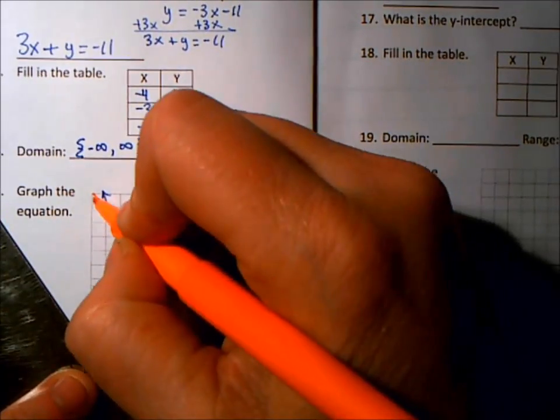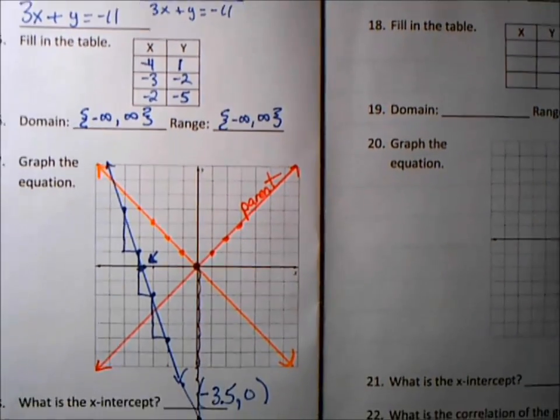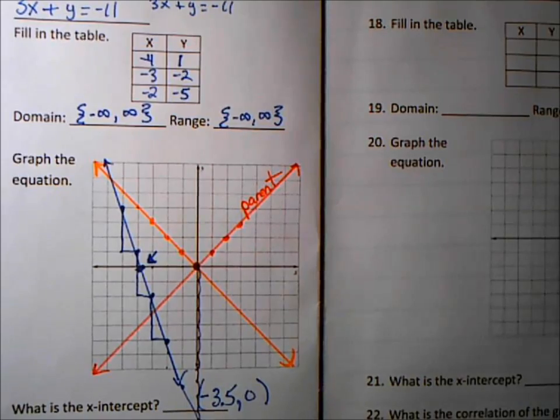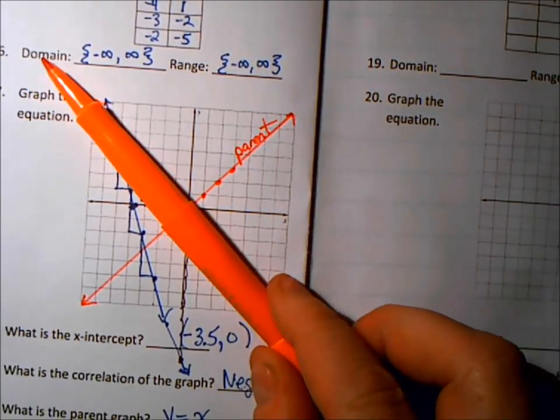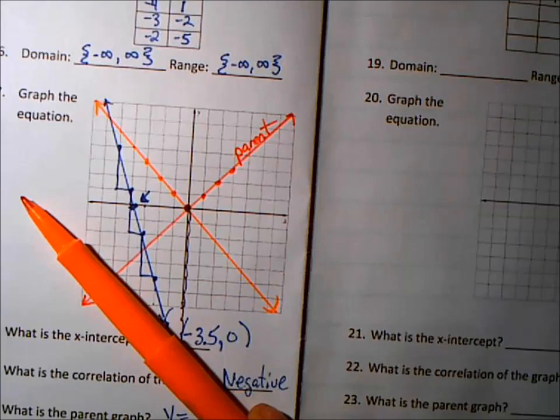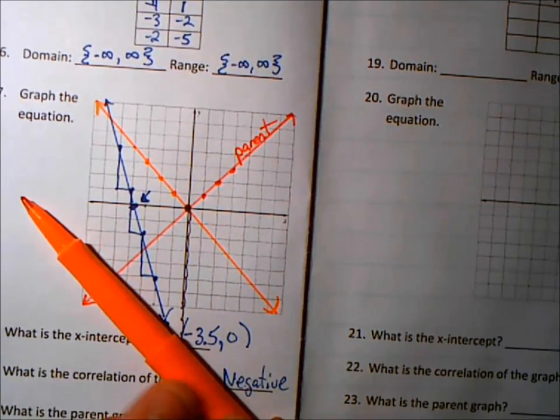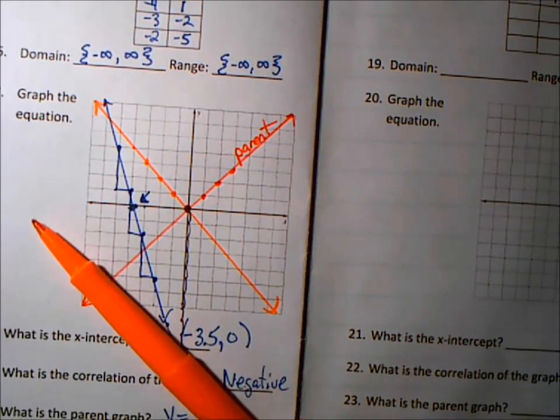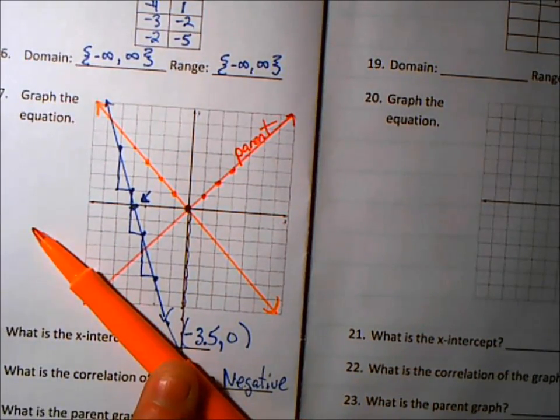Okay, that represents my parent graph, just the negative going the other way. It makes a big X. If I imagine this line sliding down to the y equals down here, making sure it's parallel, just bringing it on down to that negative 11 down here.